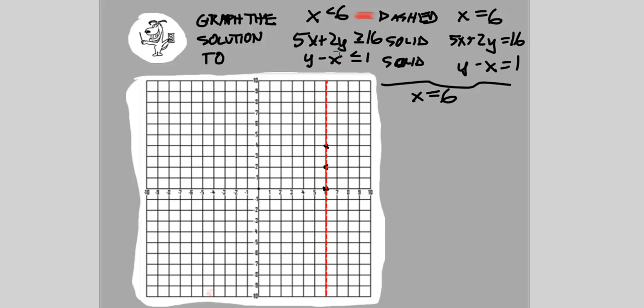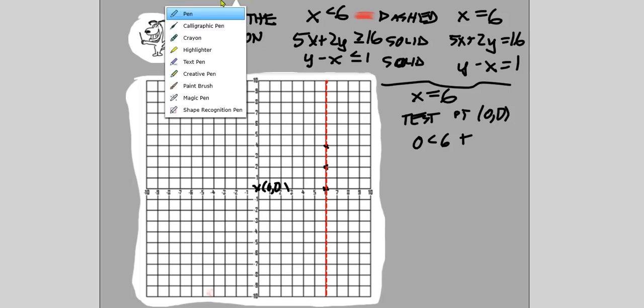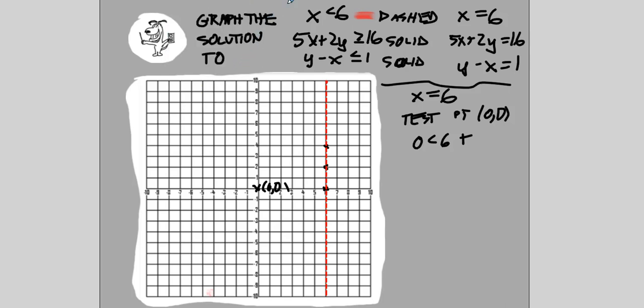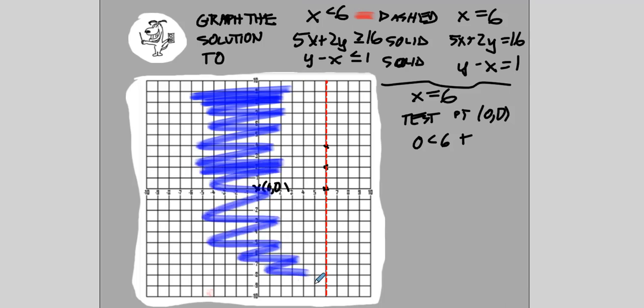Okay, now test point. Well, obviously 0, 0 is not on the line. So plugging 0 in for x, 0 less than 6 is true. So we shade over to the left half plane.